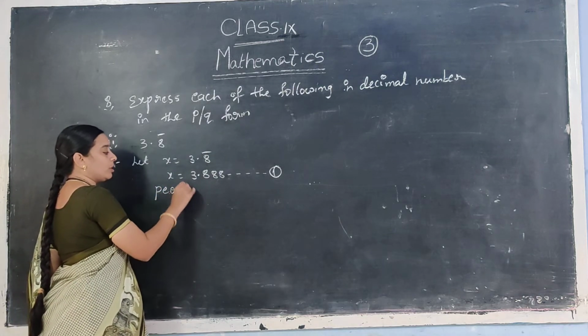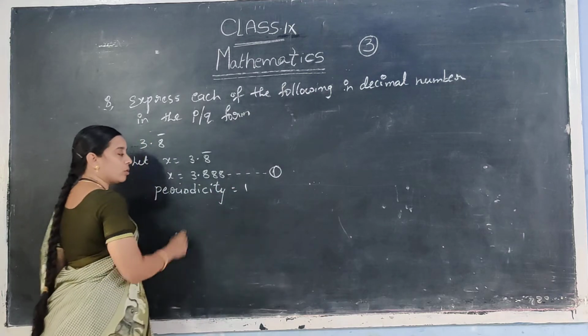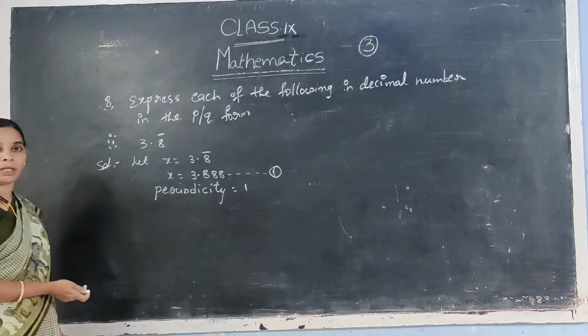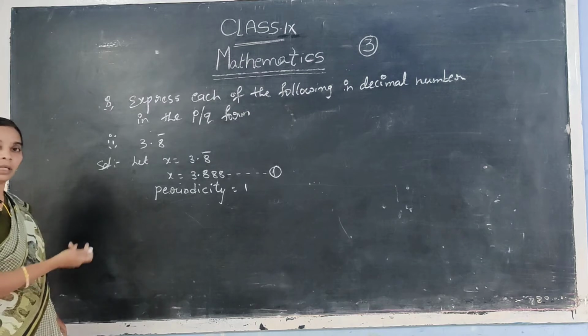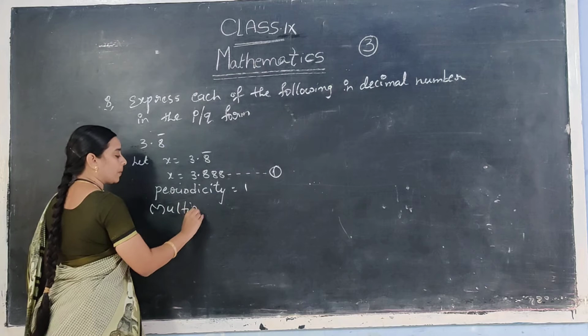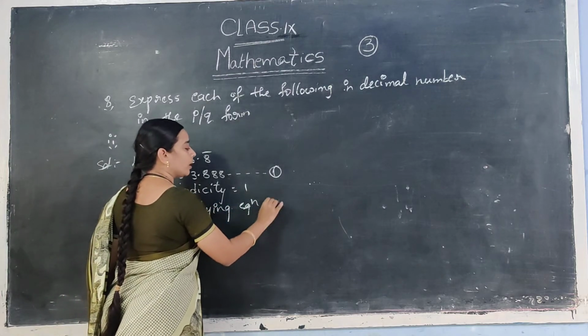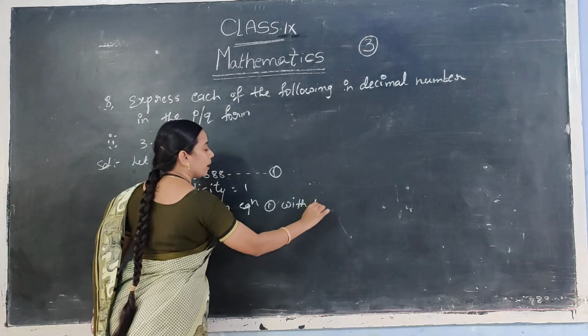One digit means periodicity is 1. So periodicity 1 means how much are we multiplying? So given the condition, 10 is multiplying. So write that. Multiplying equation 1 with 10.